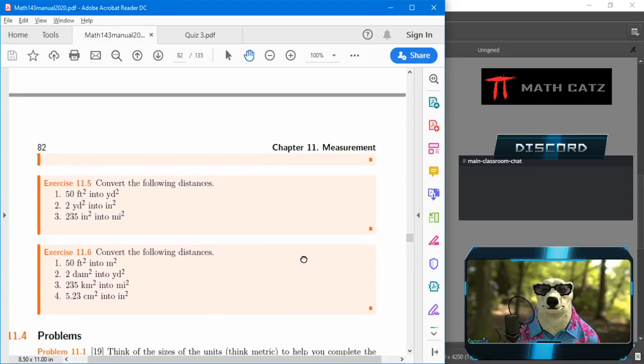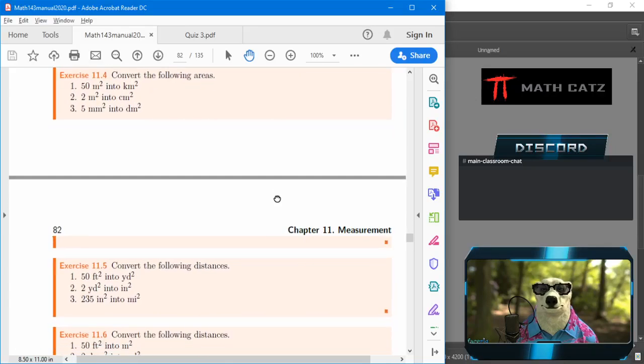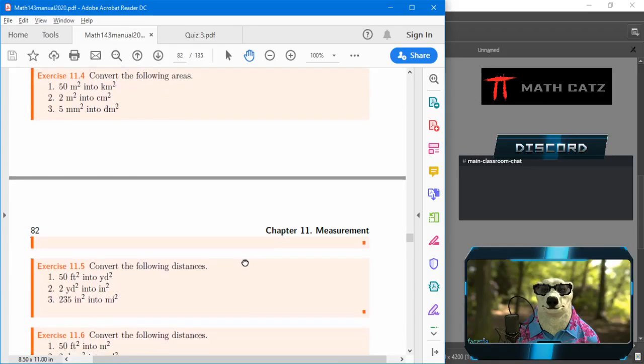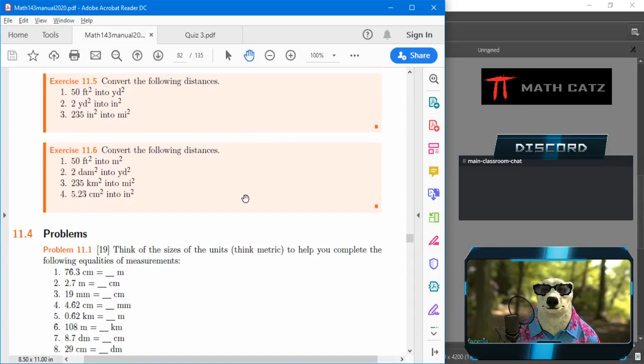And for that reason, we want to be able to do exercises 11.4 to 6 as if they are problems. So if you're anything like me, I don't remember exactly what the answer is. We can see them as problems and do them again.